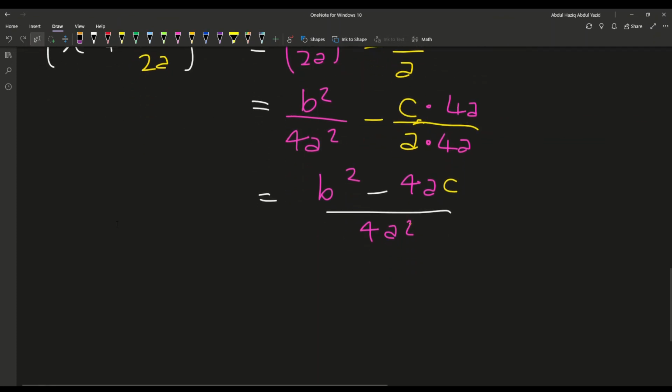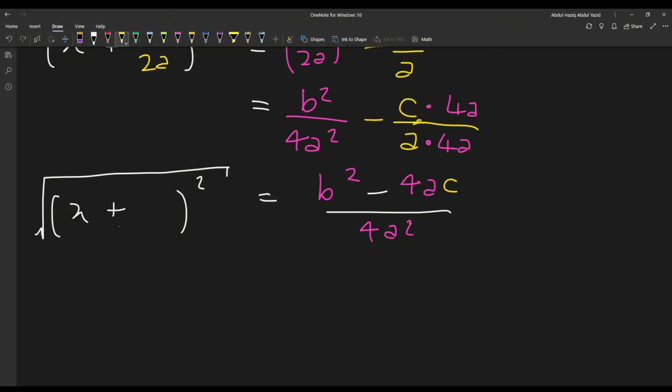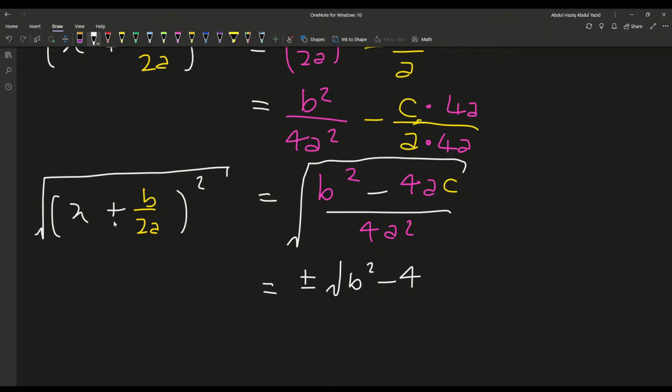Alright, so now I want to square root both sides. We still have our b over 2a over here. So when we square root the left hand side, we also must square root the right hand side. So this will give us plus minus, I'm just going to use white now, the square root of b squared minus 4ac all over 2a.